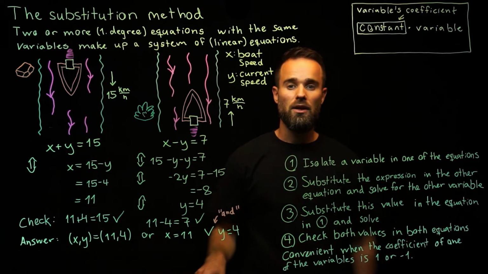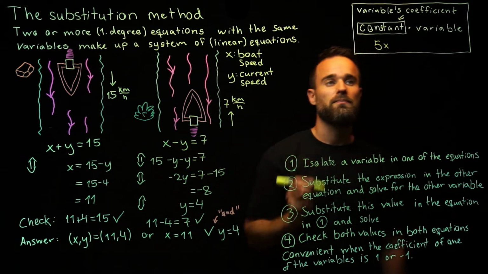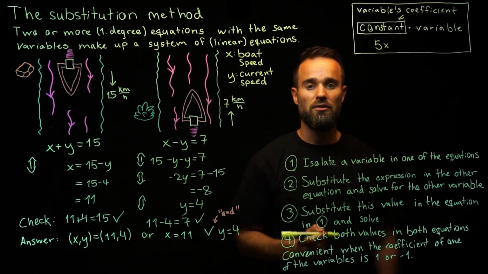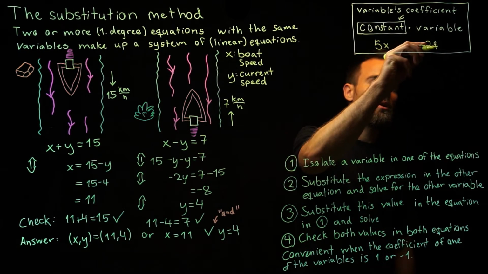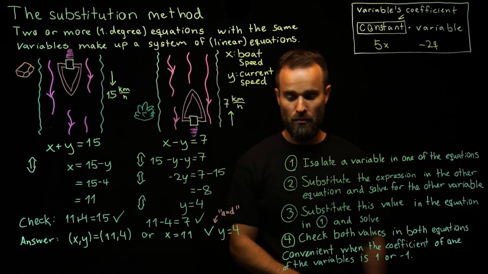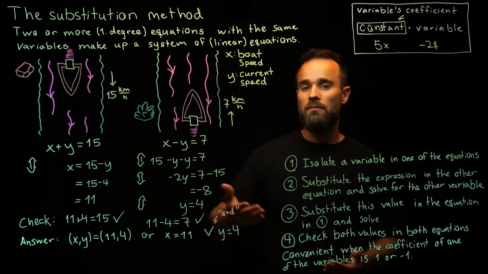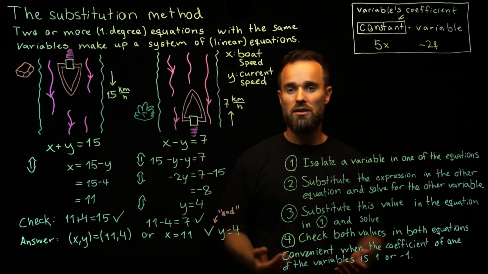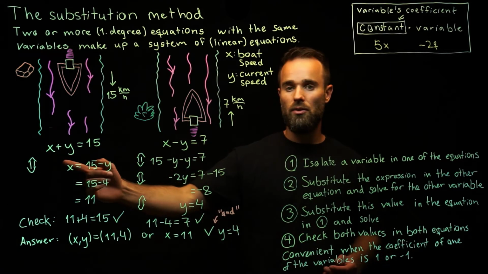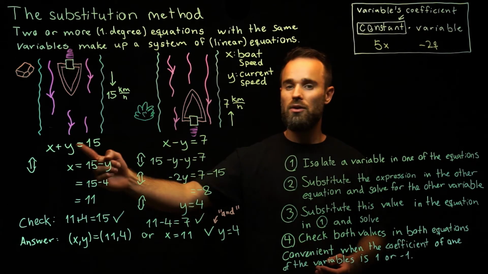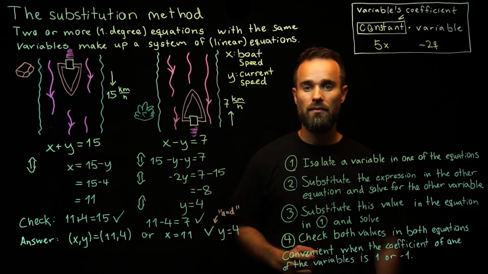For example, the coefficient of 5x is 5, and the coefficient of negative 2q is negative 2. In this problem, all of the coefficients are positive or negative 1, because there is an invisible or understood 1 coefficient in front of x and y in the equations.